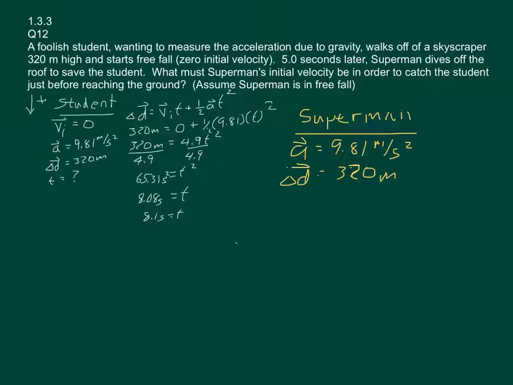And the time of Superman has to equal the time of the student minus 5, which equals 8.1 minus 5. Time for Superman then is 3.1 seconds.